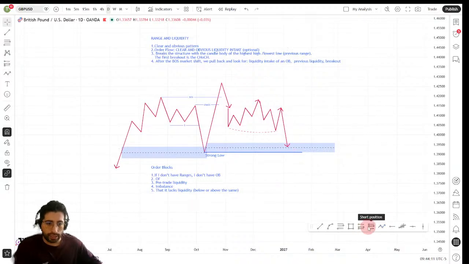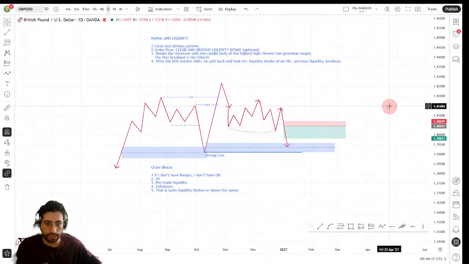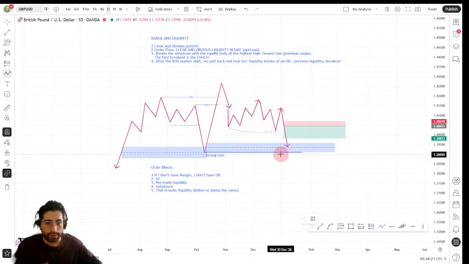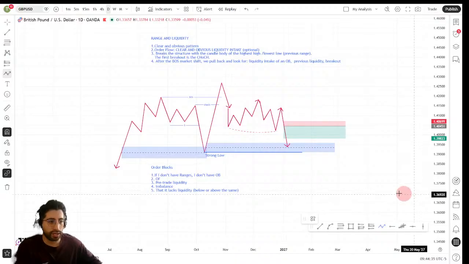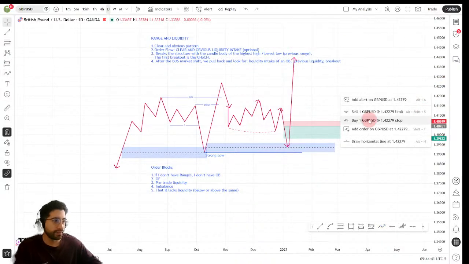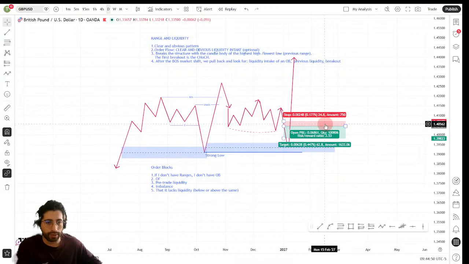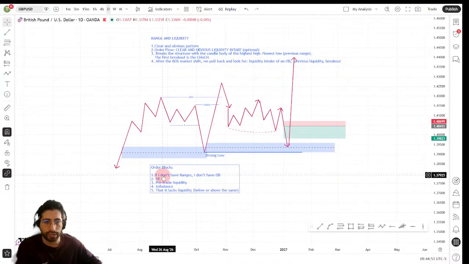Most traders who are not able to spot this put selling orders, multiple orders, and then, coincidentally, there is news, an FOMC talk, Powell speaks, Trump says something about China, whatever, and then boom, you're out. It happens many times in our lives as traders. So this is a really clear example of how important order blocks are for us.